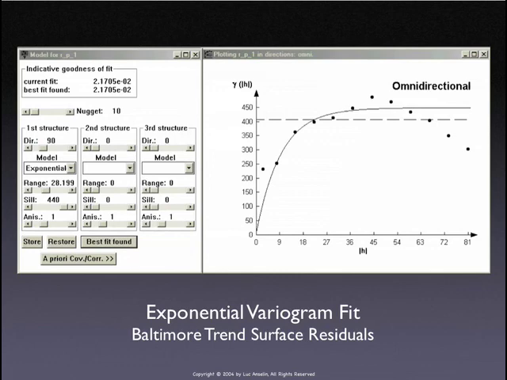Now we can do prediction, because all we need to get is this distance. We have the function, we have the parameters for the function, we plug in an h, and we get gamma h, or we get C of h, which is a covariogram. And then we can use that covariance to get better prediction at locations where we do not observe the data. And that process is called kriging. And that's what we're moving into next.